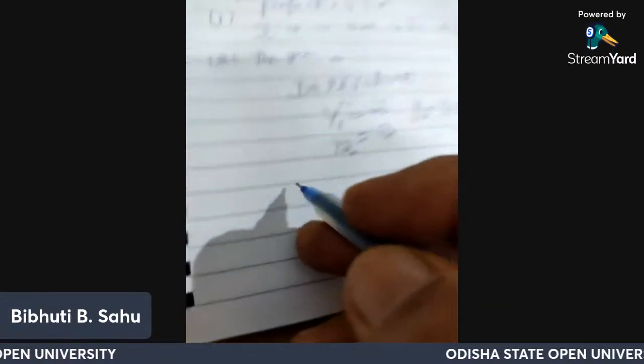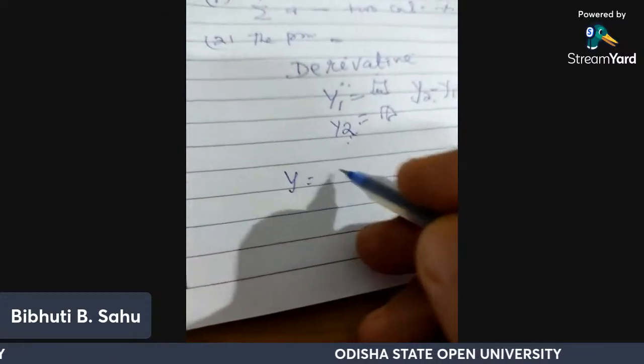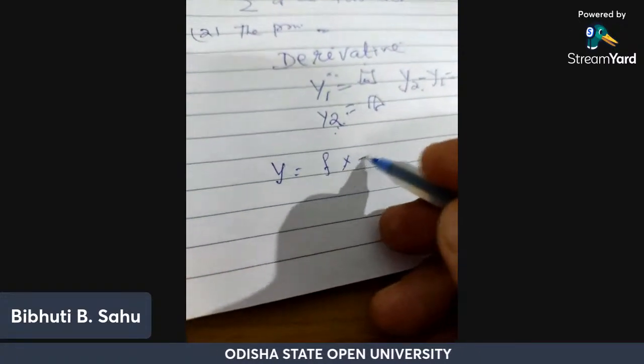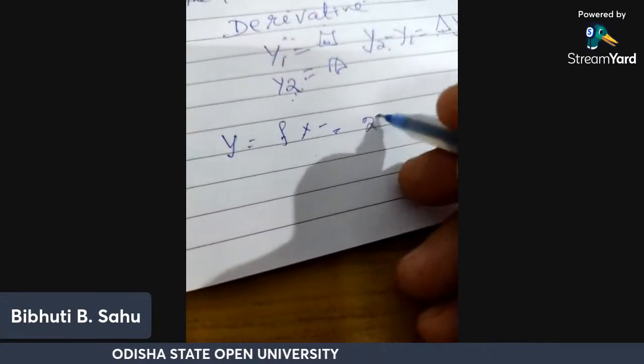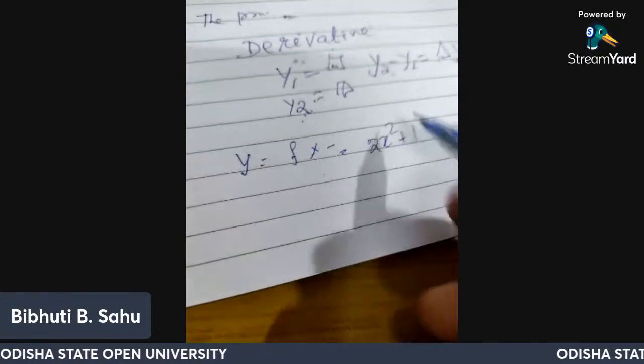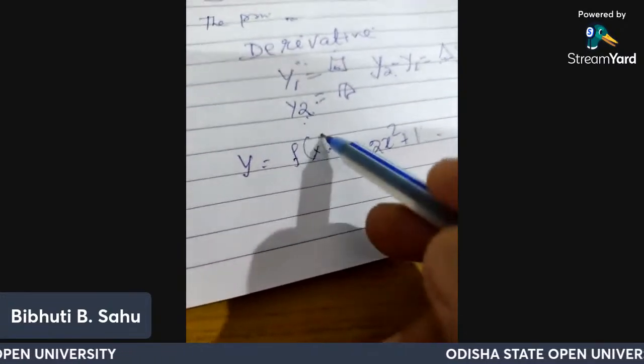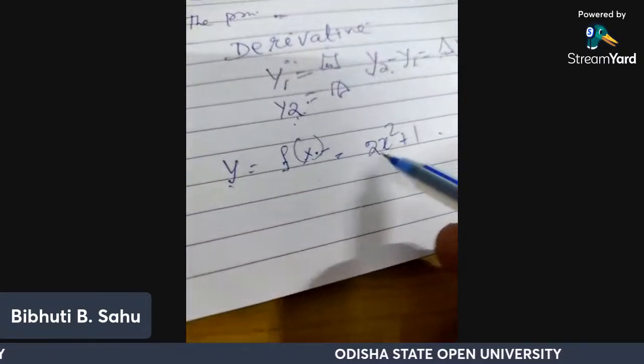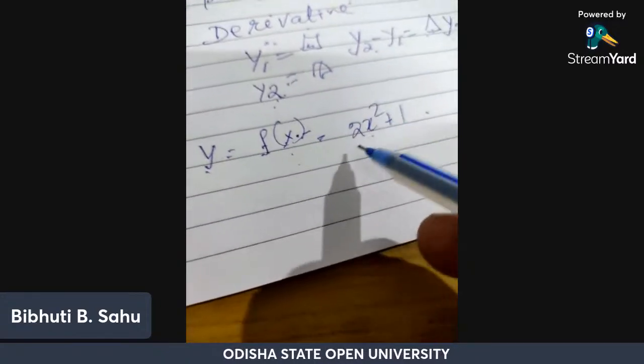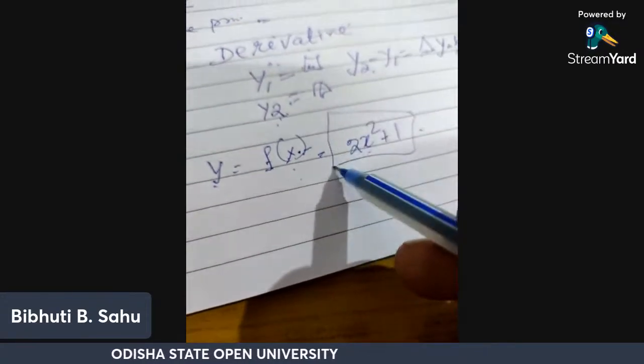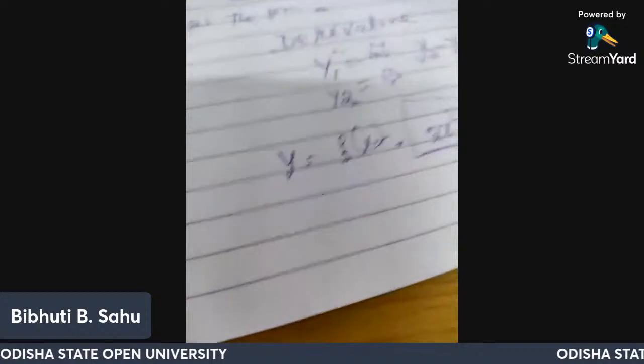That means let y be equal to a function of x, where f(x) is 2x squared plus 1.